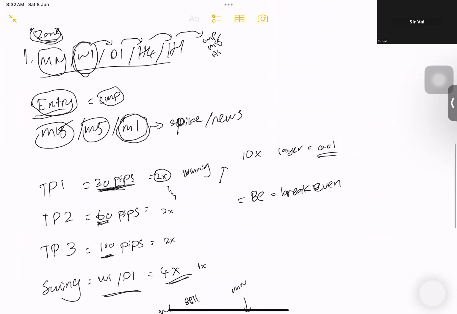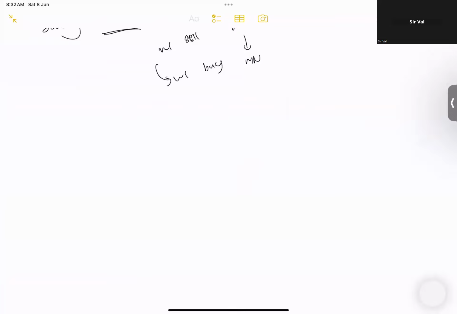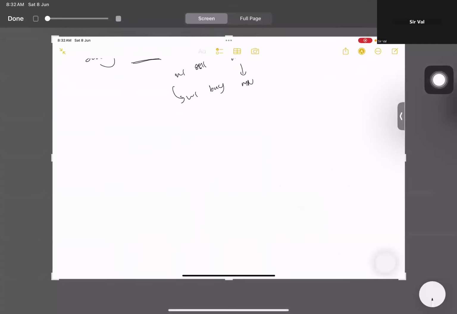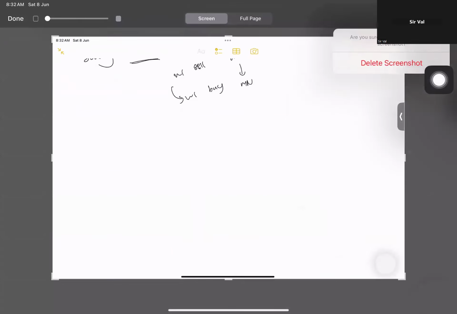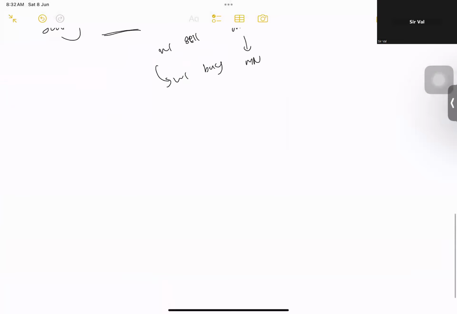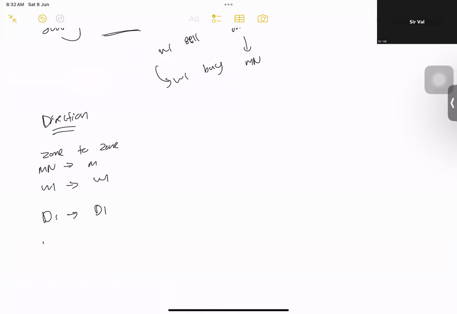So for now, if I'm entering, price will have zone to zone. For example, the direction: weekly will go into weekly, daily to daily, monthly to monthly.